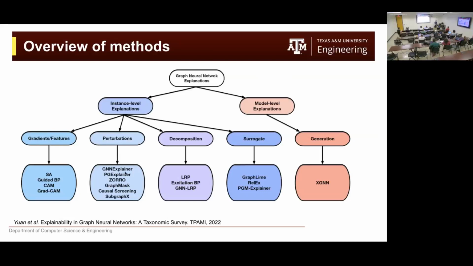Based on different techniques, these methods are divided into 4 categories. The first category is the gradient and features-based methods. These methods take the back propagation gradients and forward activation features to approximate the importance score.